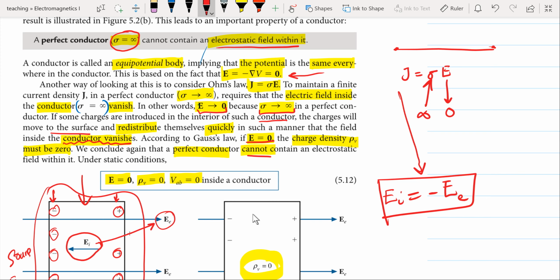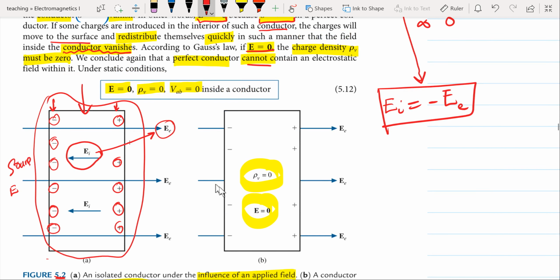So that is what we are saying, that E is 0, and therefore the charge according to Gauss' law must also be 0, because they are accumulating on the surface and cancelling out.